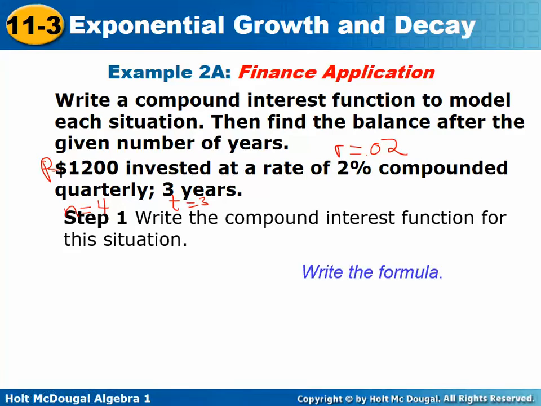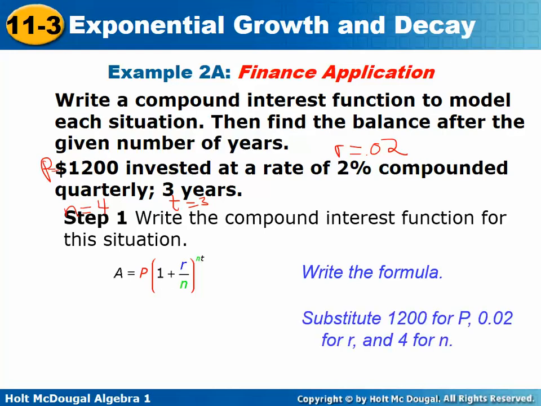All right, so we need the formula. That should be on your paper. It is on your paper, but if it's not for some reason, you would write that down. And then we'll replace all the parts that we know. We know P is 12,000, we know 0.02 is R, and we know 4 is N. This can be simplified. It's a little bit trickier to simplify than the last ones. We don't just add the 1 plus 0.02.